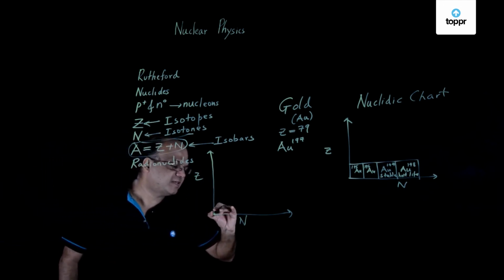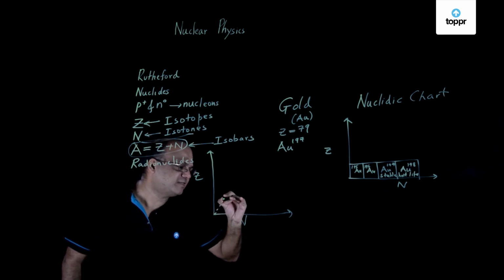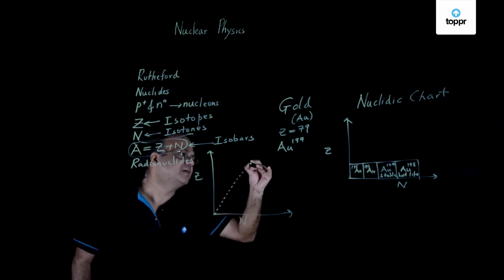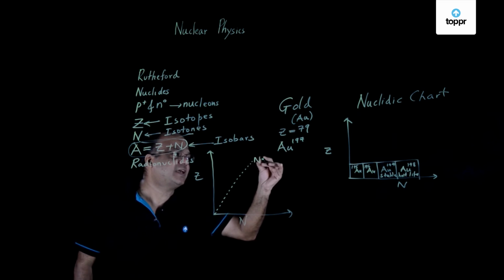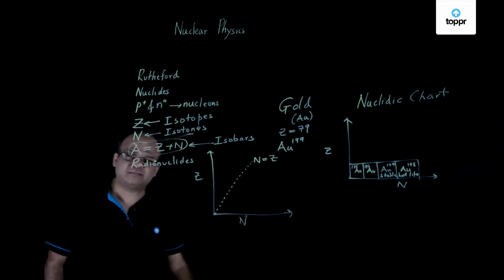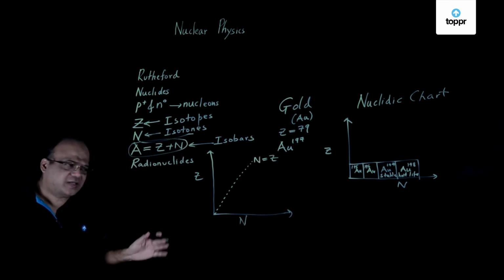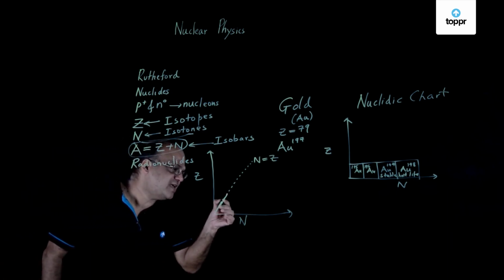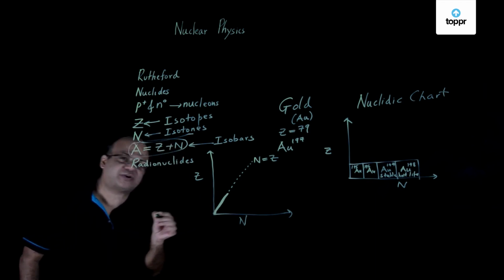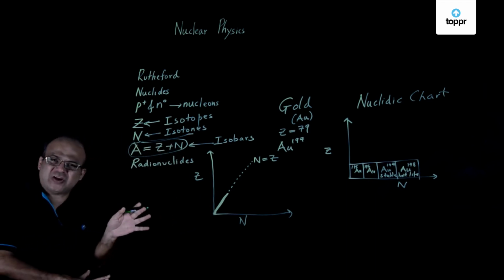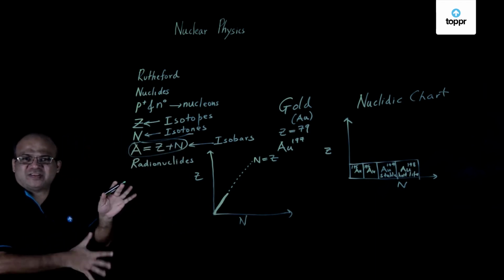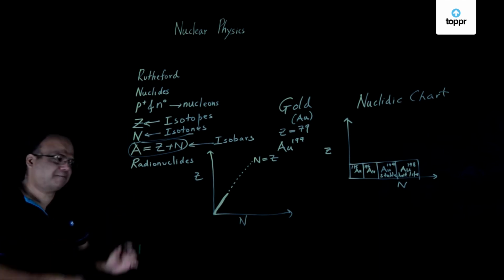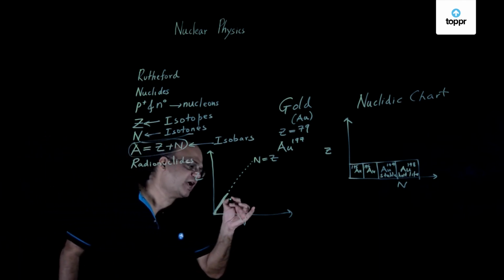This is a line at 45 degrees. That means along this line everywhere N is equal to Z. For light nuclei up to calcium 40, we will find that N is approximately equal to Z for stability. Look at light nucleides, number of protons and number of neutrons are almost same. This happens up to calcium 40.